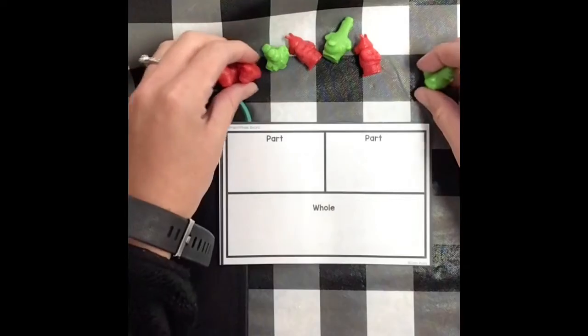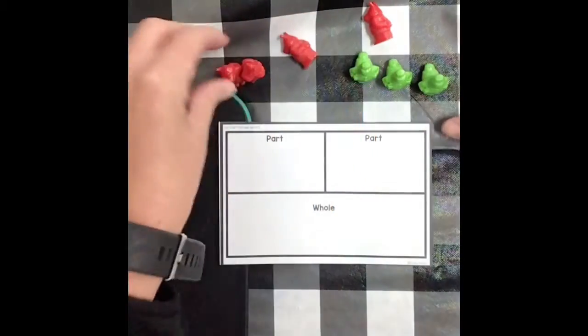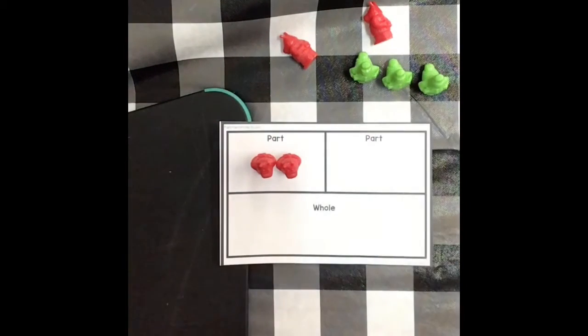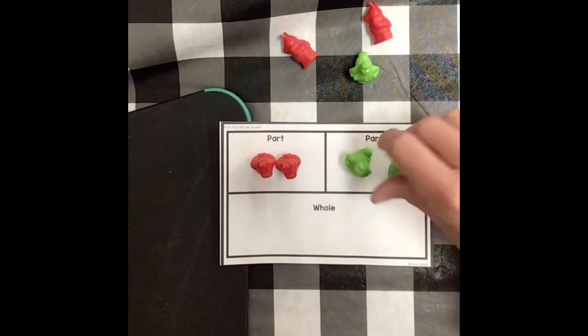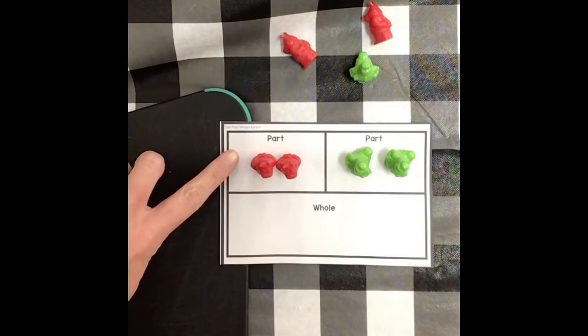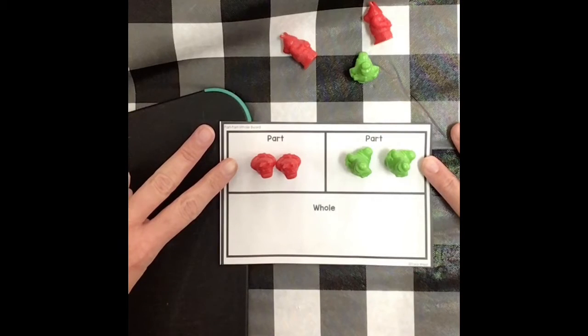Now let's try one that's a little bit harder. Let's get 2 in our first box. Let's get 2 in our second box. So we have 2 in box 1 and 2 in box 2.